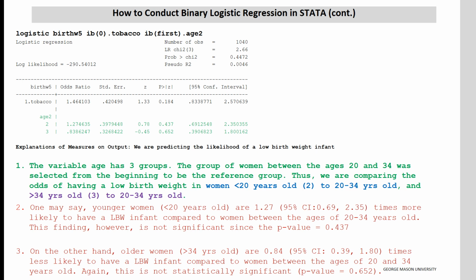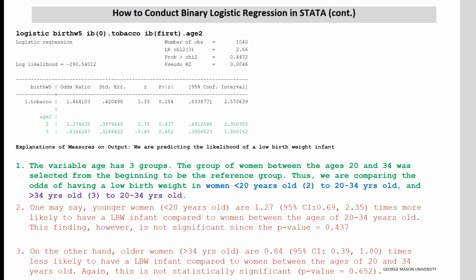So given this now, we can interpret the first odds ratio associated with the group of women less than 20 years old. So one may say that younger women are 1.27 times more likely to have a low birth weight infant compared to women between the ages of 20 and 34 years old.